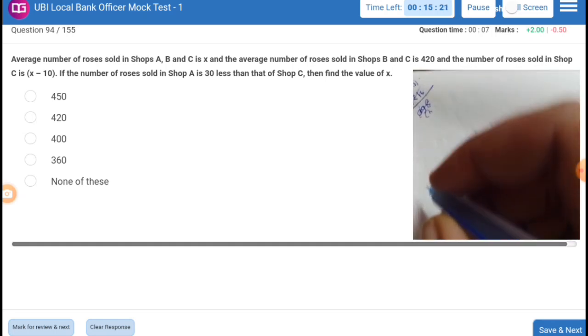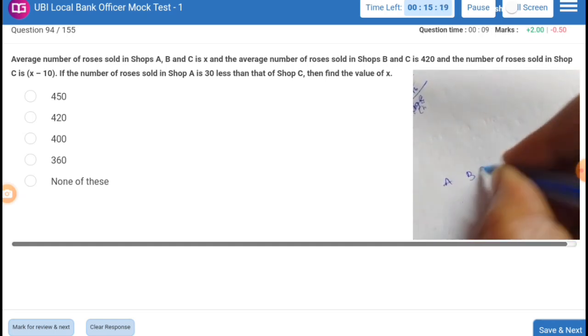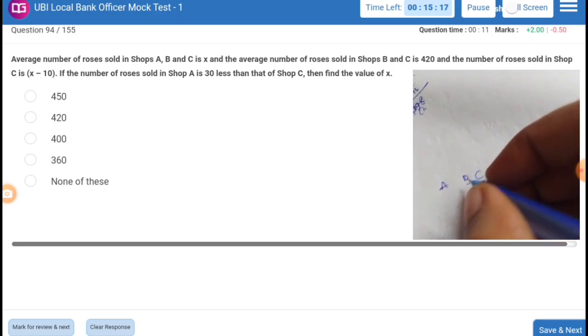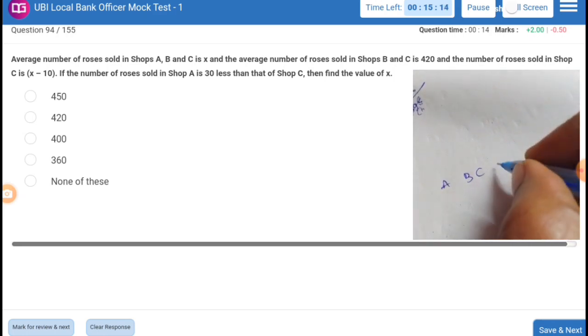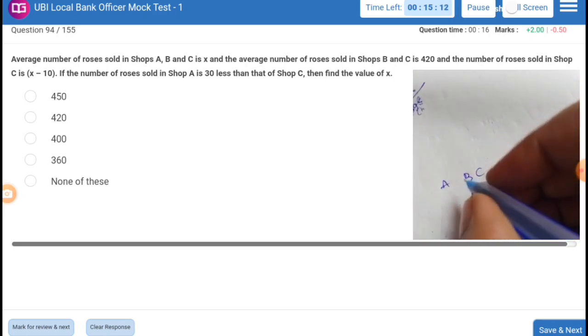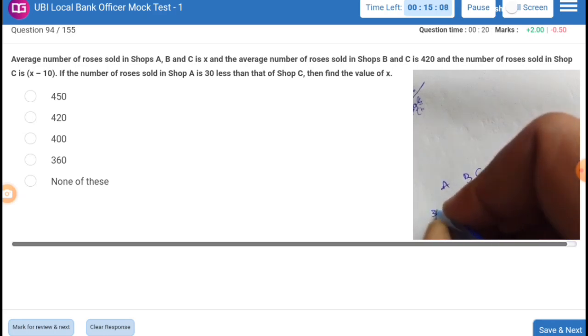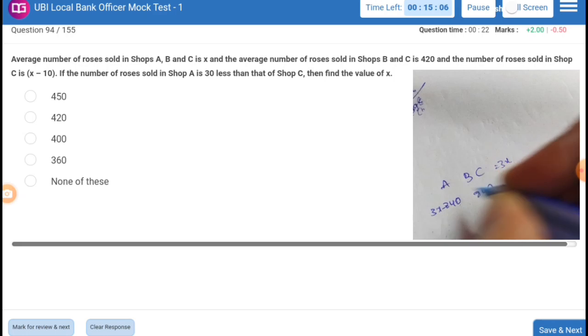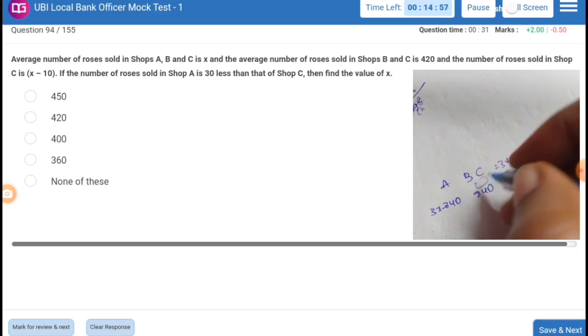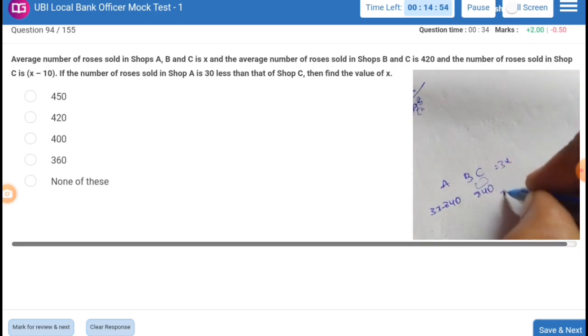So the average number of roses sold by A, B, C is x, that is 3x. The average of roses B plus C is 840. This is 3x minus 840. So C is x minus 10. 850 minus x.